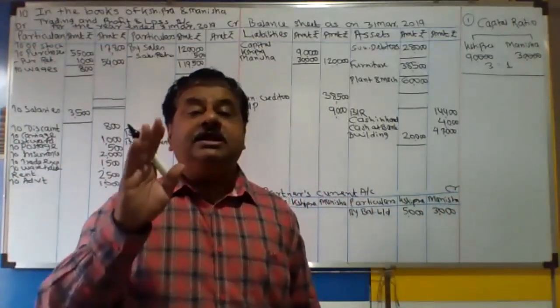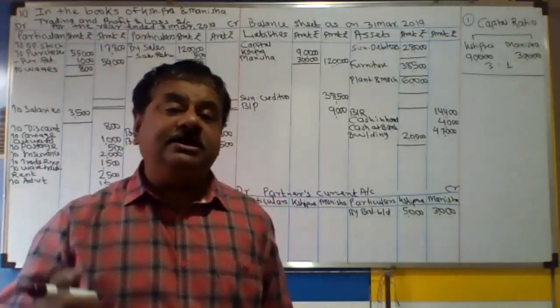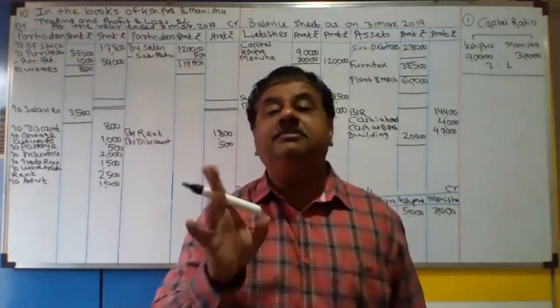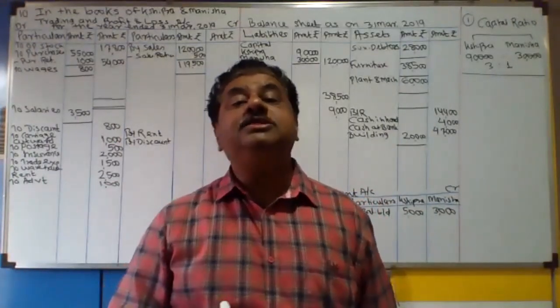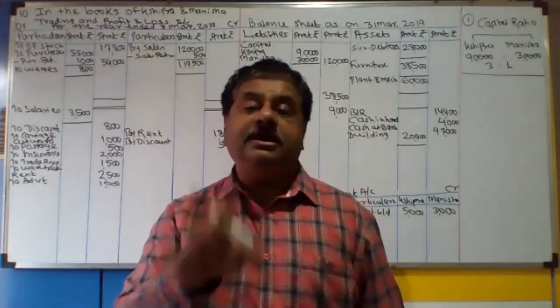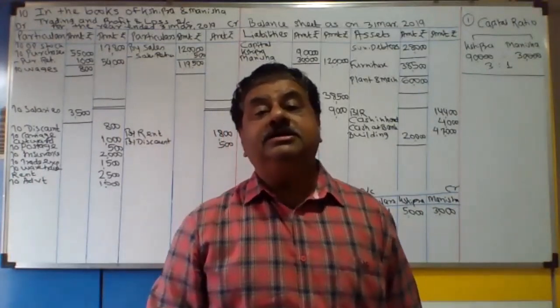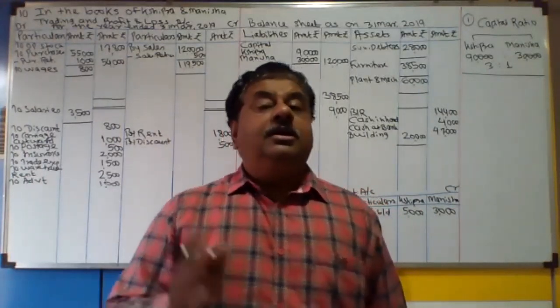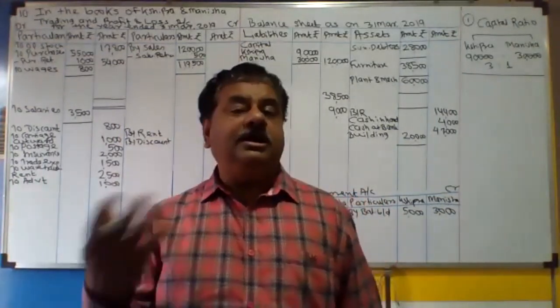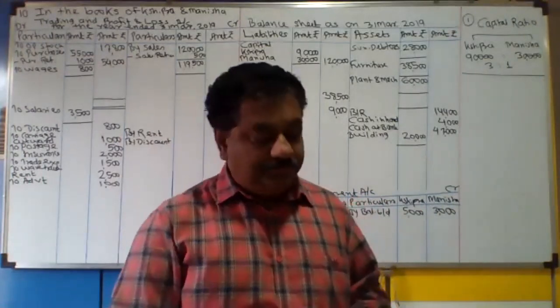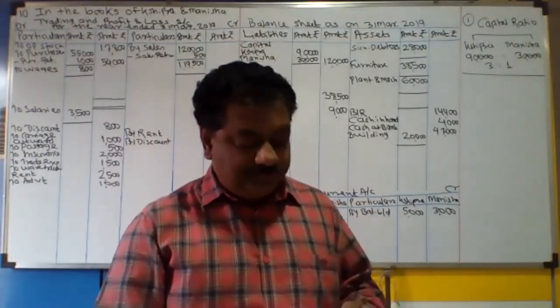In 99.99% of cases capital has a credit balance, unless that particular partner is declared insolvent. That is a chapter you have, dissolution, where it will come. But current accounts may show a debit balance or credit balance depending upon the condition. Here it has the credit balance.